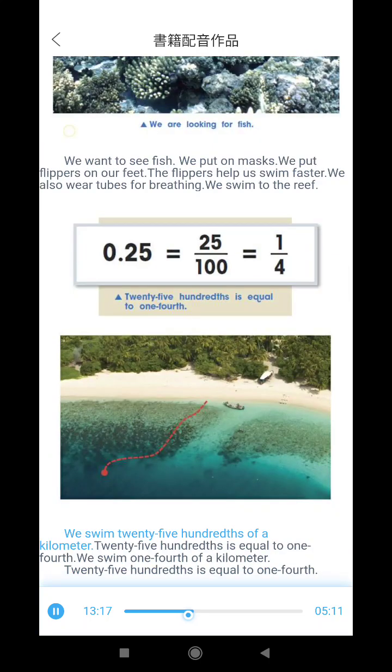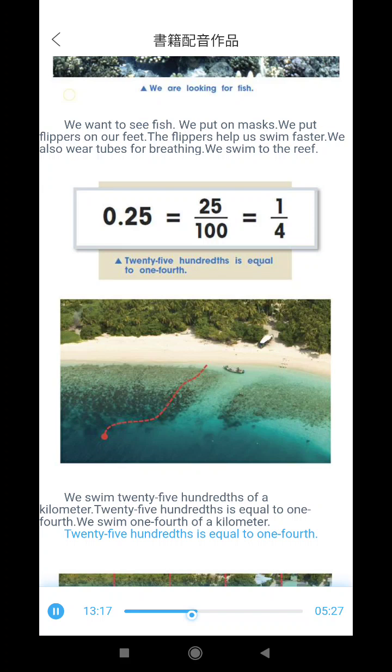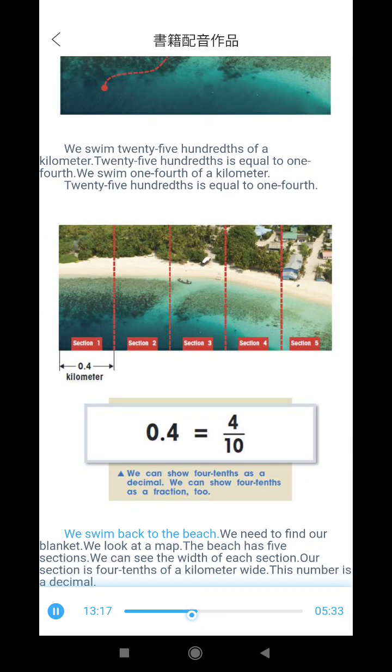We swim 25 hundredths of a kilometer. 25 hundredths is equal to 1/4. We swim 1/4 of a kilometer. 25 hundredths is equal to 1/4. We swim back to the beach.